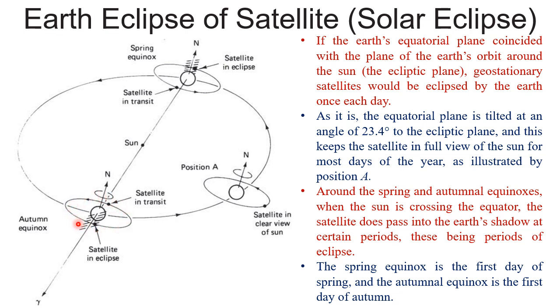Under these two conditions, when we have the spring equinox, the satellite will be inside the shadow region of Earth. Similarly, when we have the autumn equinox, the satellite will be in the shadow region of Earth.